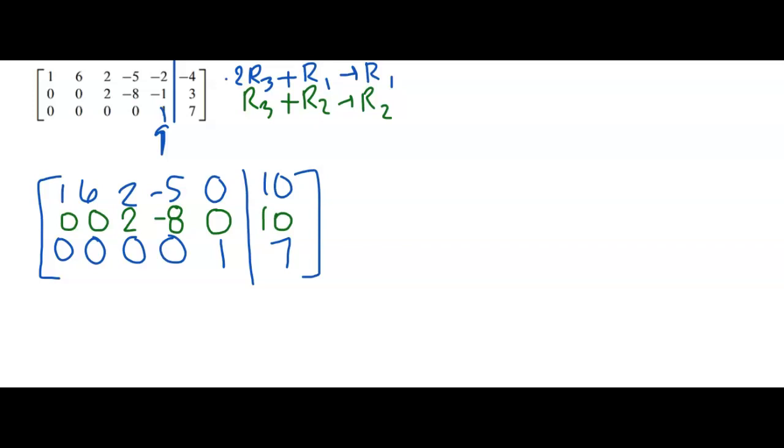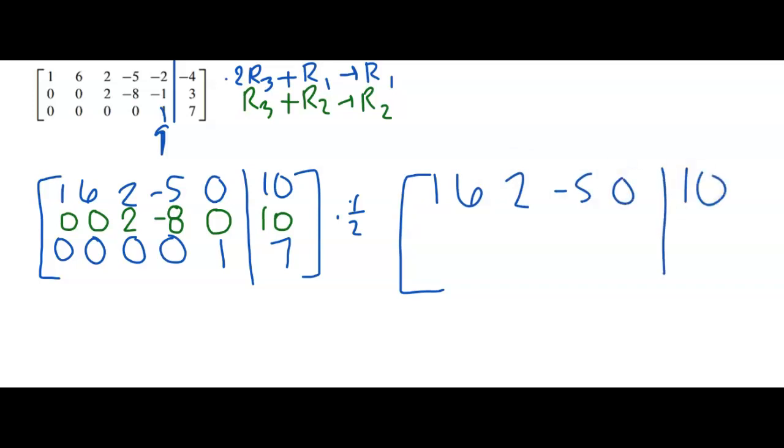I like to color code and kind of save some space and get us to that spot. Okay. All right, I notice here that I can multiply by 1/2 to simplify just row 2. And that'll clean things up a little bit.